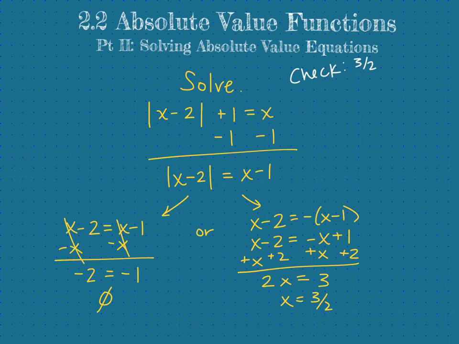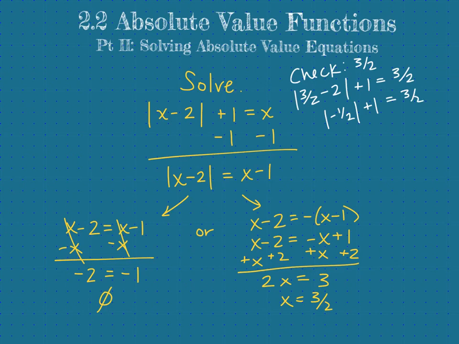Because that one was kind of weird, I'm going to double check that 3/2 works. So I'm going to plug in 3/2 in for x. And 3/2 minus 2, this is like 1.5, right? Minus 2 is like negative half. So we have the absolute value of negative half plus 1, and we want to see if that equals 3/2.